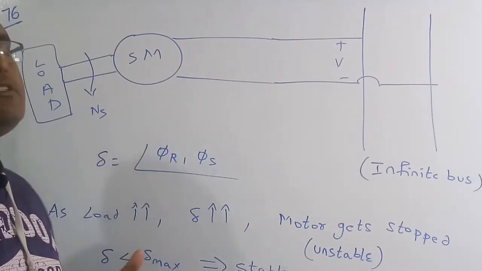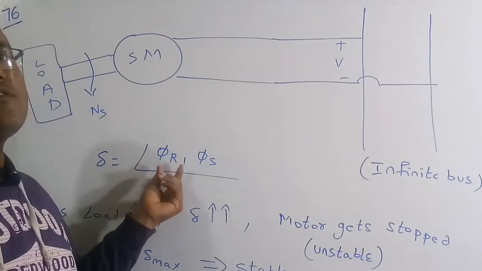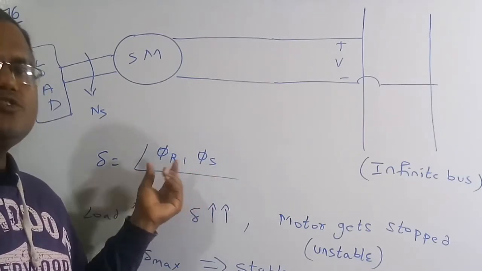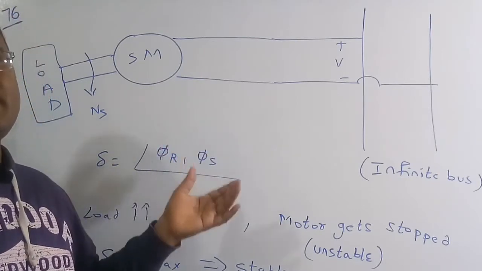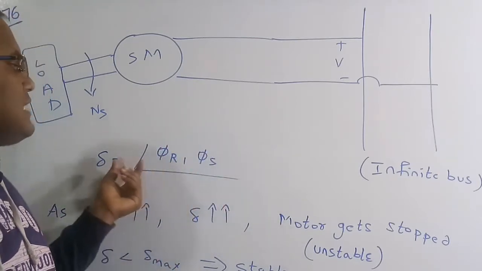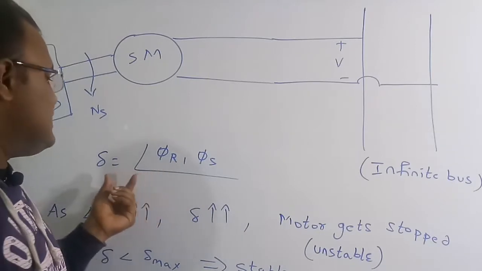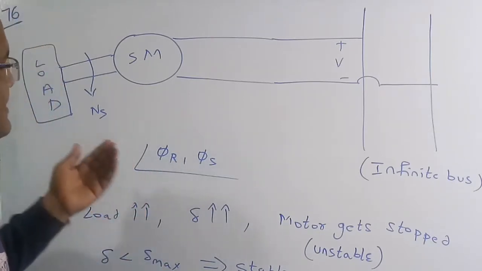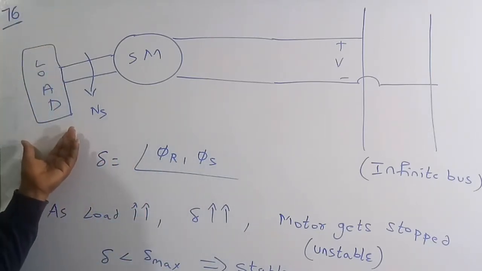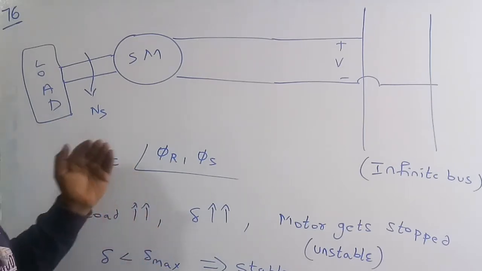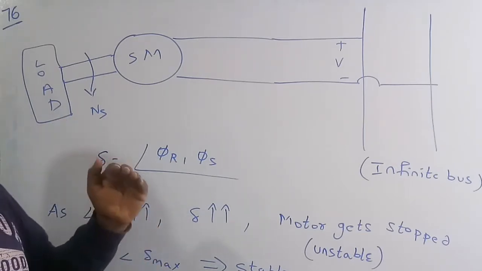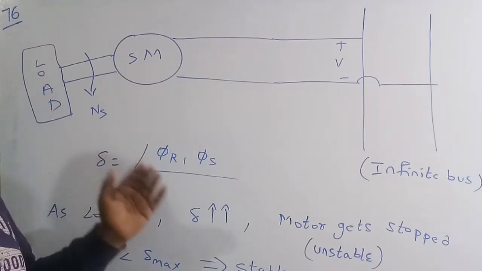Now delta is called the power angle or the torque angle. It is the angle between the rotor flux and the stator flux. Both the rotor flux and the stator flux are going to rotate in the same direction with the speed of ns, and the angle between these fluxes is called delta. Suppose I increase the load in a gradual manner, up to a certain limit the motor can rotate with speed ns.